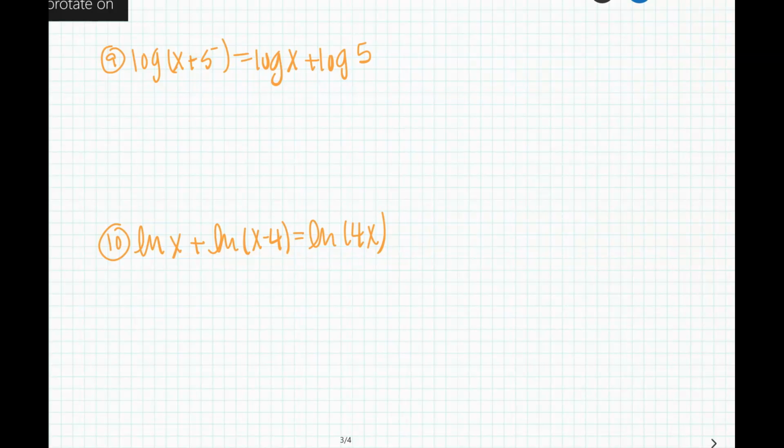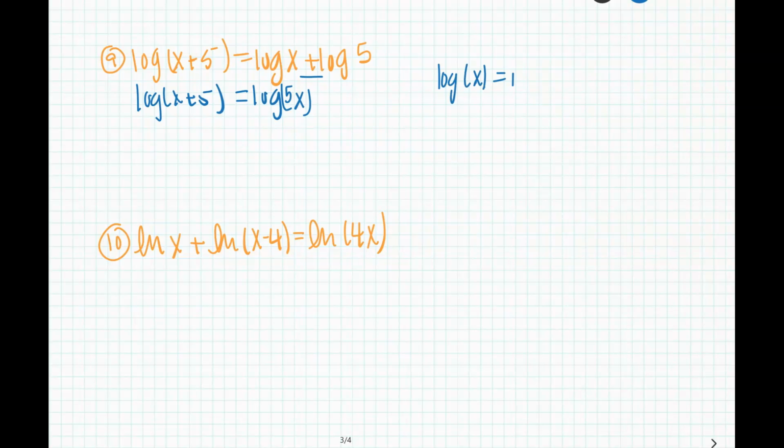So number 9 and 10 are a little bit different because they already have logs on both sides. So first I'm going to condense this down. So that gives me log of x times 5 equal to log of x plus 5. And by the one-to-one property, which says that if you have log of x equal to log of y, that x will be equal to y.